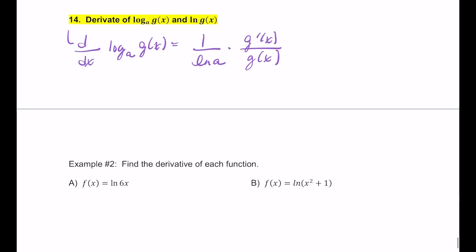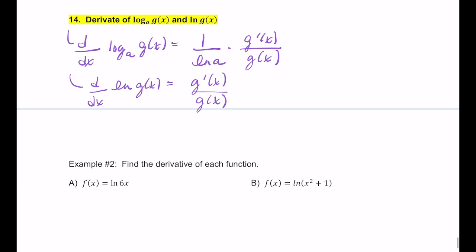Similarly, the derivative of the natural log of g of x is just going to be g prime of x over g of x. And remember, the ln a would just go away, right? That's why it's not there, because it's really the ln of e, which is 1. So it would just turn into 1 over 1, which would just leave you with this.